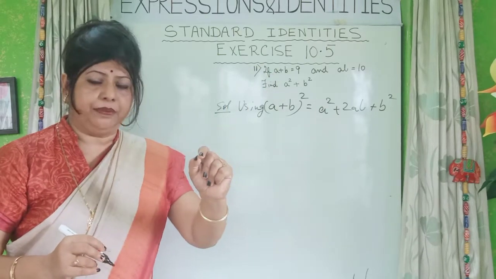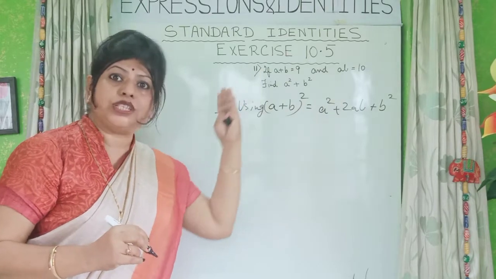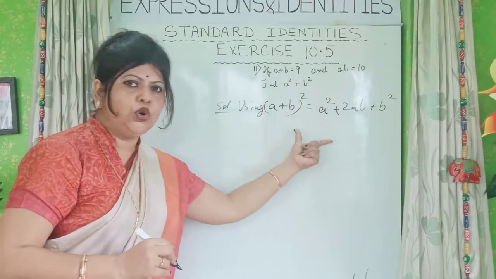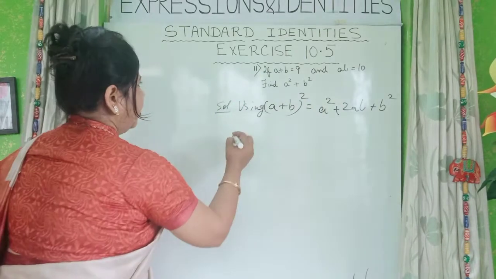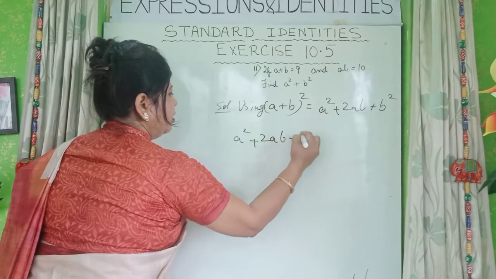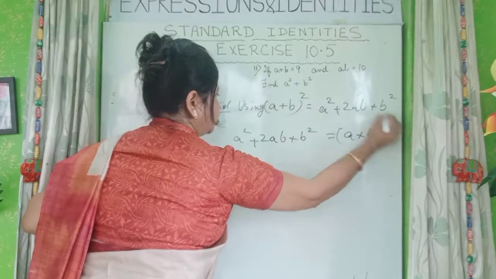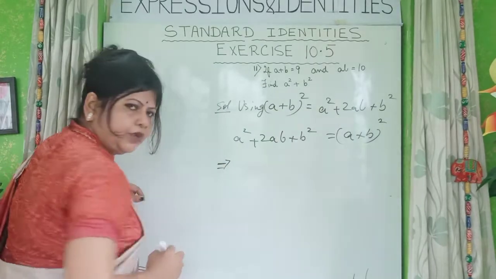So always remember, the expression which you have to find, that you will keep towards your left side. So what I do, I reverse this and write. That is a square plus 2ab plus b square equals to a plus b whole square. Okay?